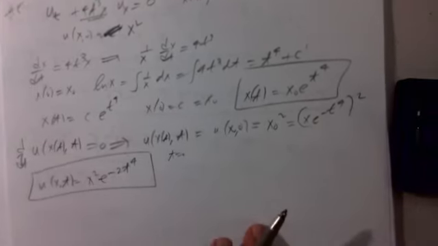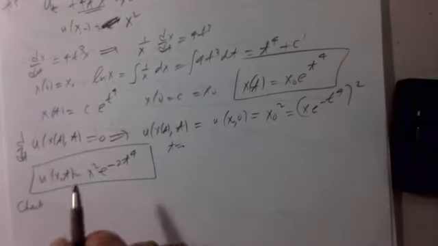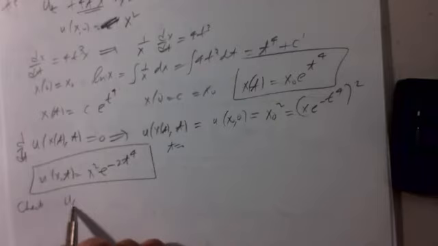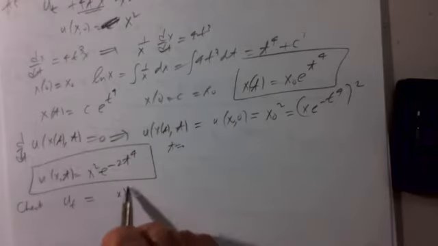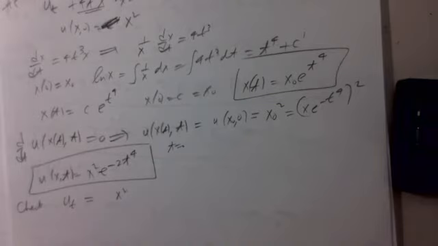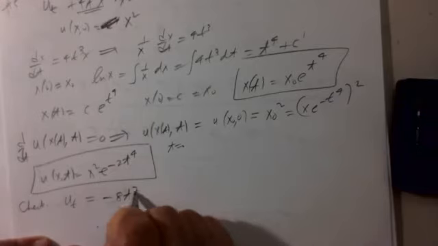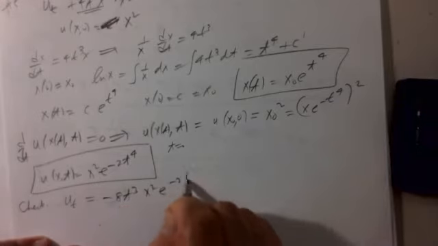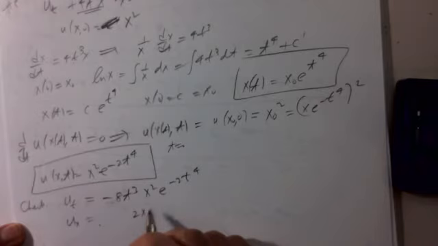So this is the presumptive solution. Let's check. If I differentiate this with respect to t, I get a minus 8t cubed x squared e to the minus 2t to the fourth. If I differentiate this with respect to x, I get 2x e to the minus 2t to the fourth.